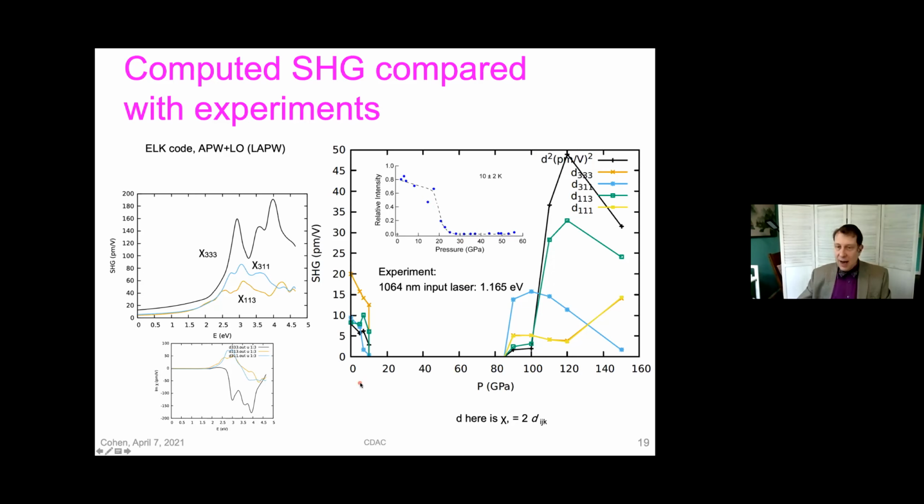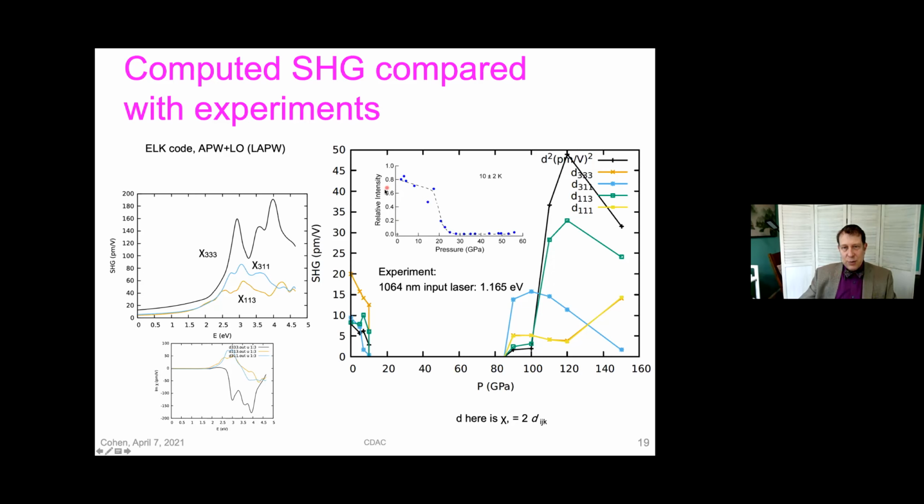So this is a third rank tensor, and so we calculated it. Which ones of these are non-zero depends on the symmetry of the system. In the tetragonal case, there are 3 of them that are non-zero, and in the rhombohedral case, there are 4 of them that are non-zero. And then we also calculated the average intensity for a powder, which is this d squared term here, which is the black curve.